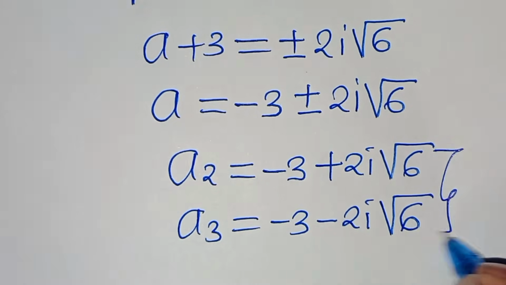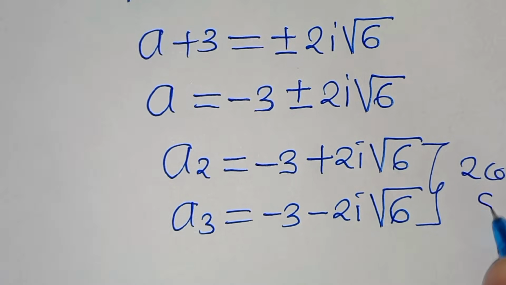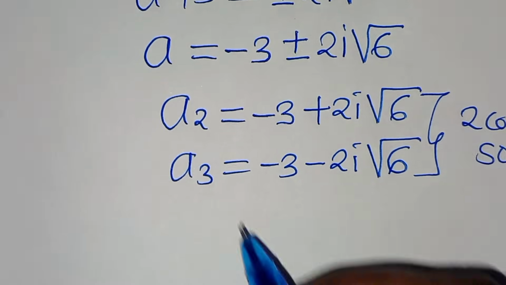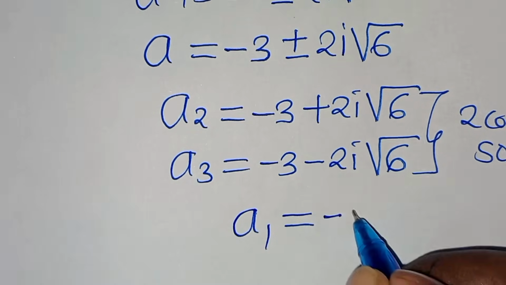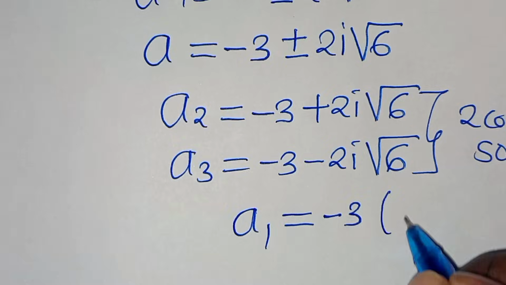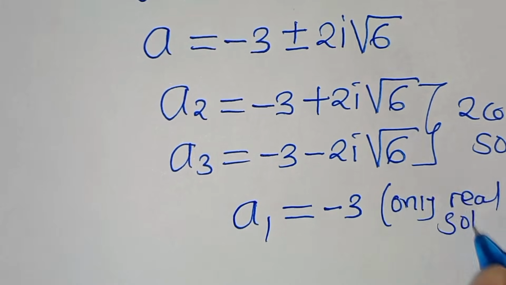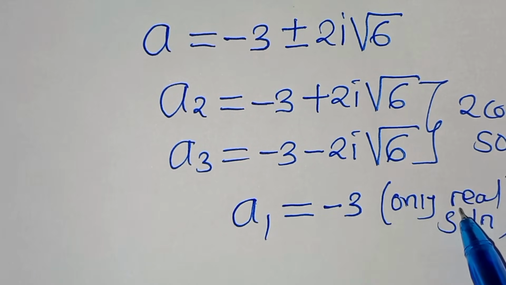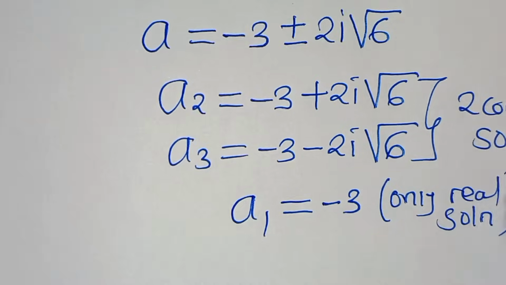Now these are two complex solutions for this algebra problem. So in other words, we have a1, which is equal to minus 3. This is the only real solution for this algebra problem. So a1 is the real solution, and a2 and a3 are two complex solutions.